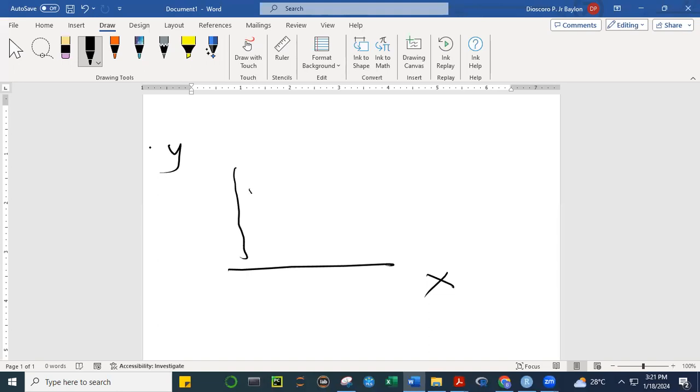Tapos it turns out that our function looks like this. So do you think this is a linear model, class? Do you think the relationship between your y and your x is linear? The answer, of course, is no.